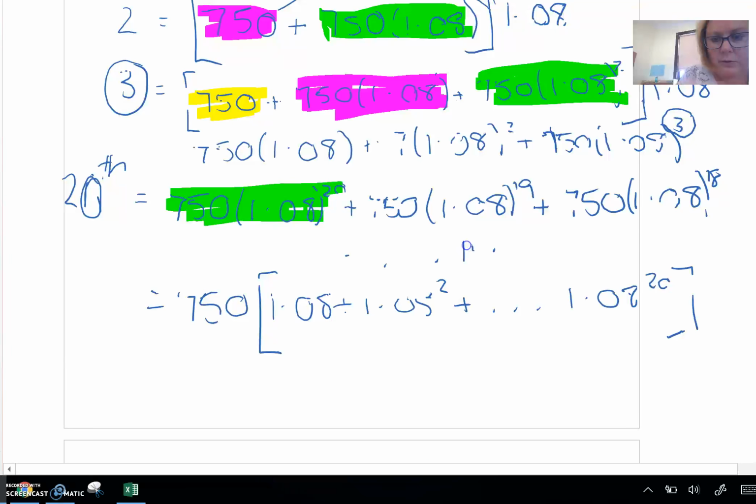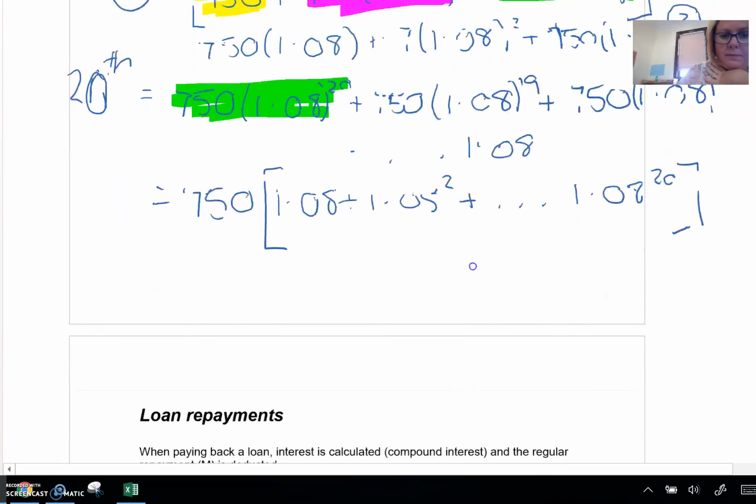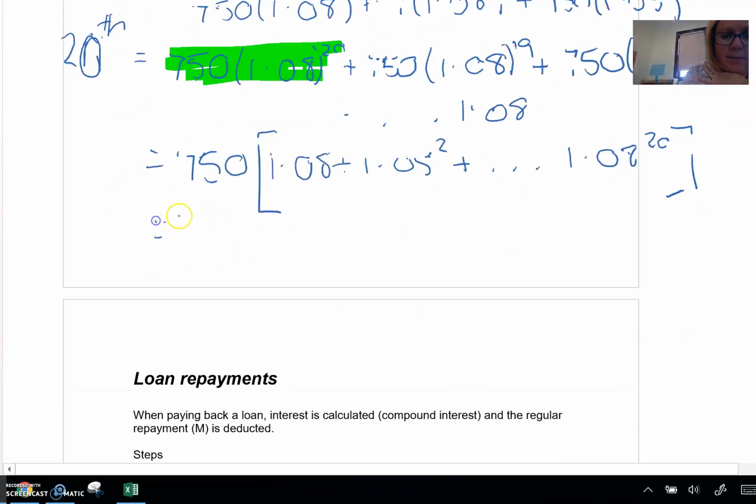Okay, so this comes down to 1.08. Right, this is a GP. So I'm going to say the amount is actually equal to 750 times some value. Let's call it V. Now what is that V?